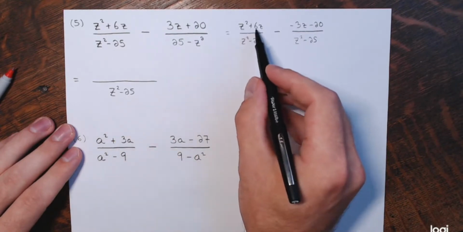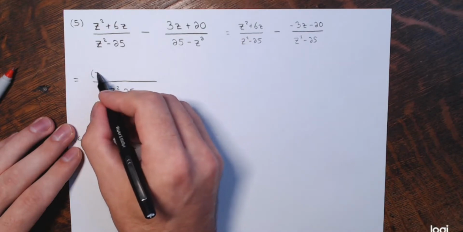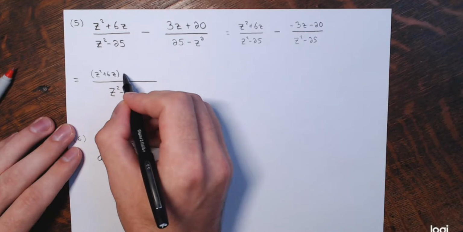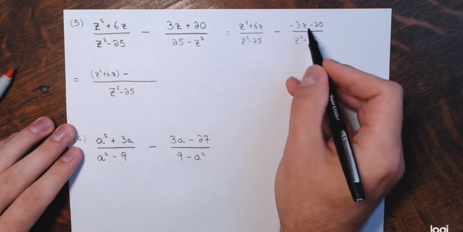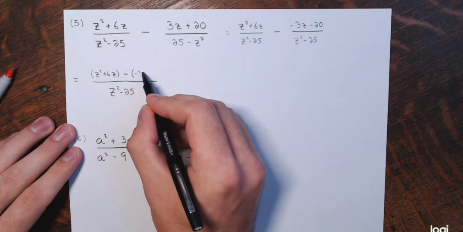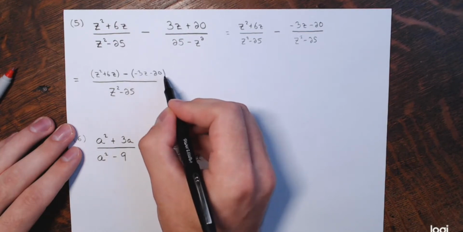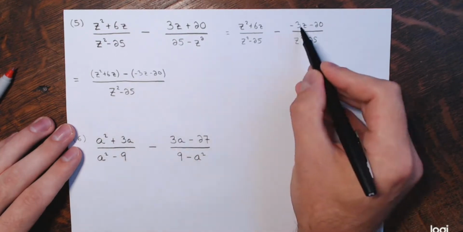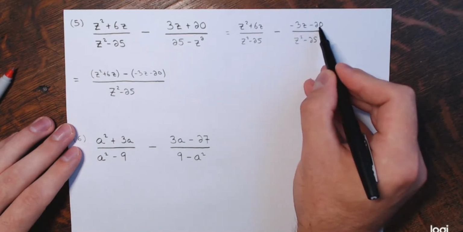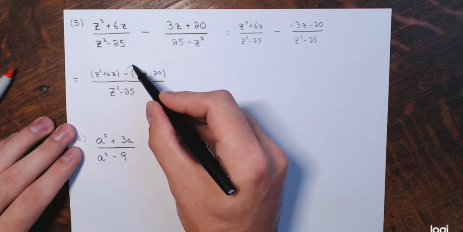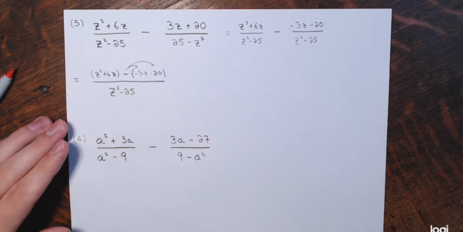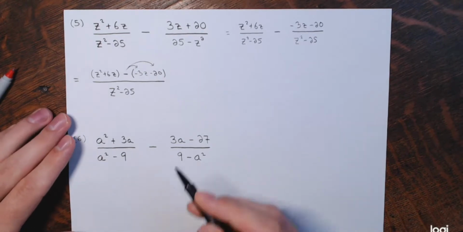And then I'm taking the first numerator, z squared plus 6z, and subtracting the entire second numerator, negative 3z minus 20. You're not just subtracting negative 3z, you're subtracting the entire second numerator. So that will involve distributing a negative. You're subtracting all the terms of that next numerator.